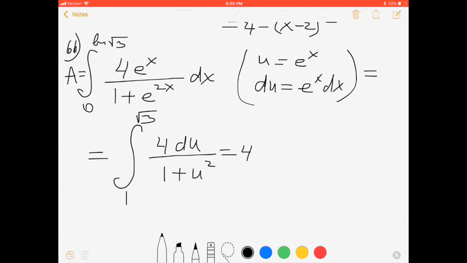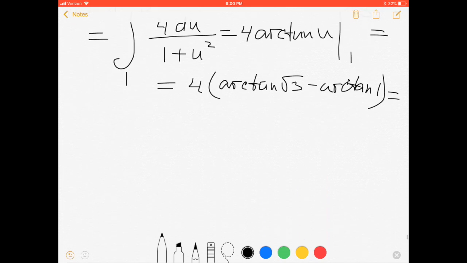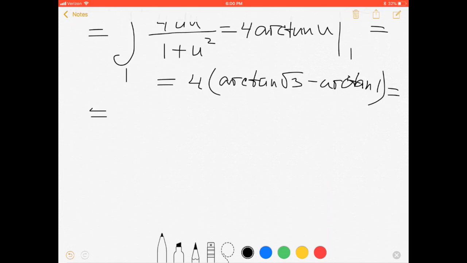And now we have 4 arctan u, where u changes from 1 to square root of 3. It will be 4 times arctan square root of 3 minus arctan 1. Okay, it means 4 times arctan square root of 3, where tangent equals square root of 3.